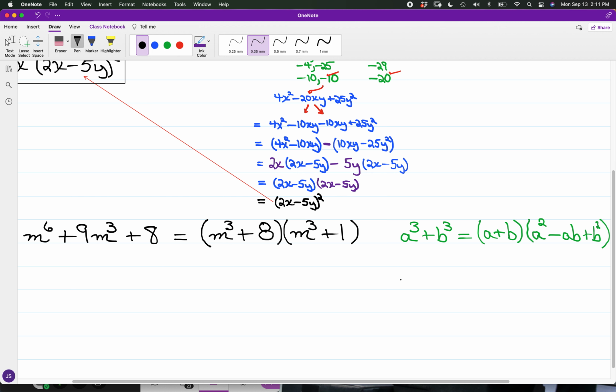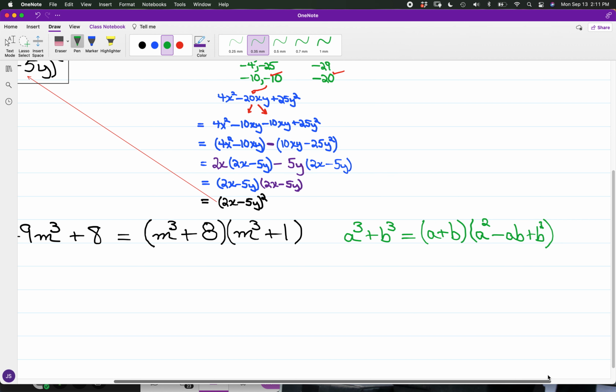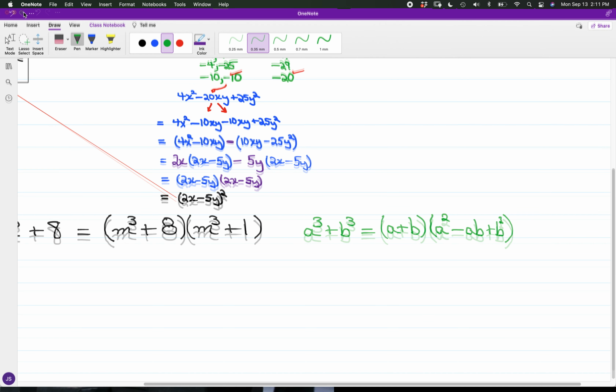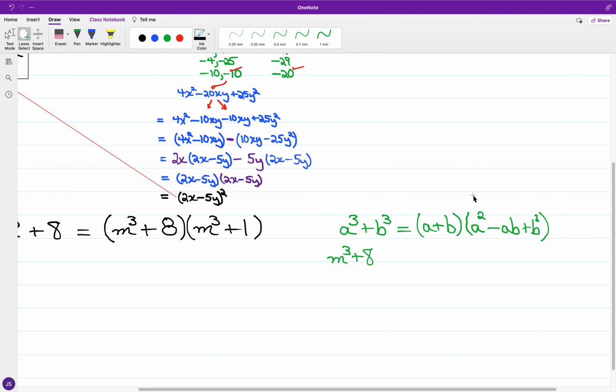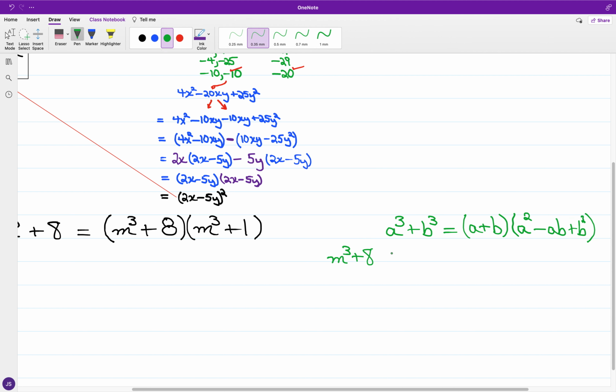And in the case of m cubed plus 8, m cubed is the cube of m, and 8 is the perfect cube of 2. So we're looking at m to the third plus 2 to the third.